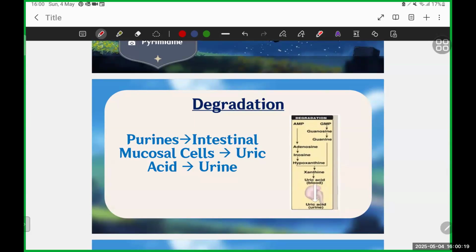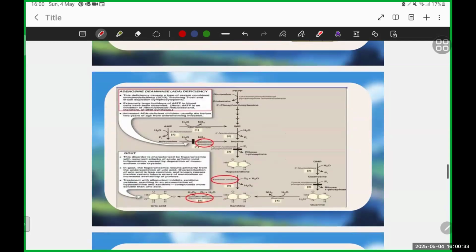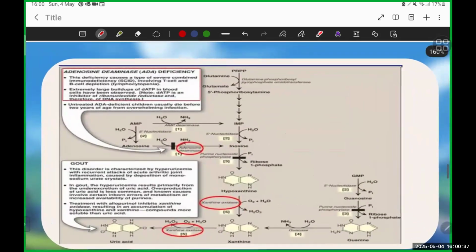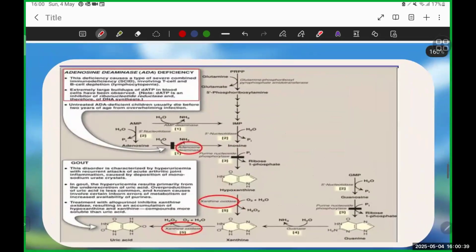You have to throw them away now. These purines are going to go into your intestinal mucosal cells, and then they're going to form uric acid, and then eventually they're going to get out of your body through urine. I did not make my own version of this because everything was together here, so I thought it was better that way.